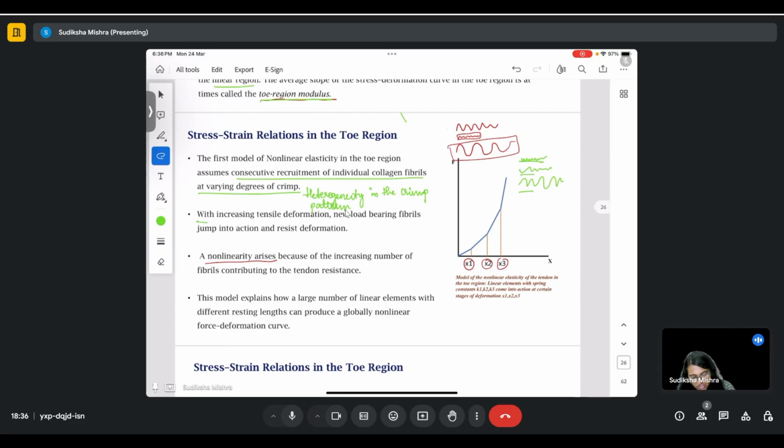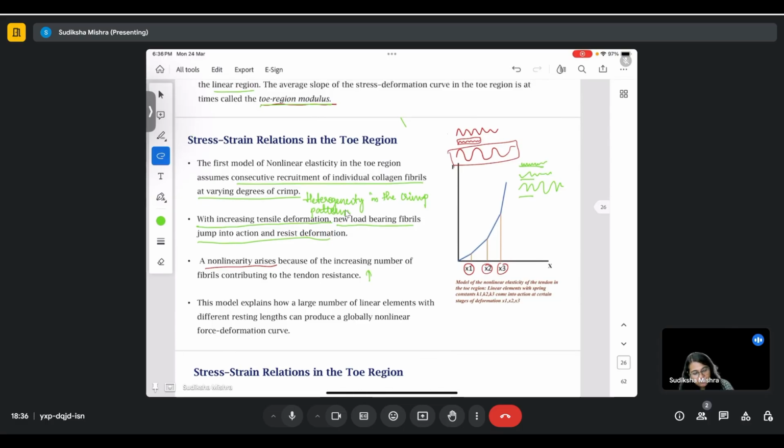So essentially, with increasing tensile deformation, new load-bearing fibrils jump into action and resist the deformation. And the non-linearity arises because there are different numbers of fibrils in different states, and an increasing number of fibrils contribute to the tendon resistance, thus increasing the modulus, and therefore you see an increase in the slope.